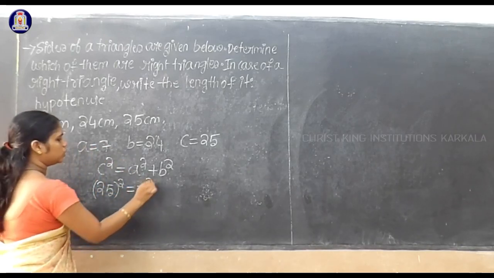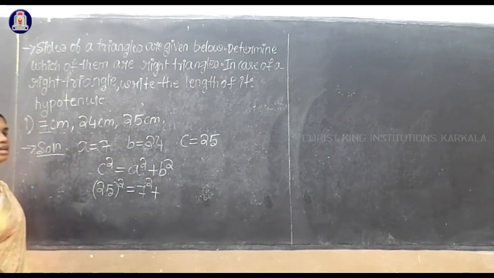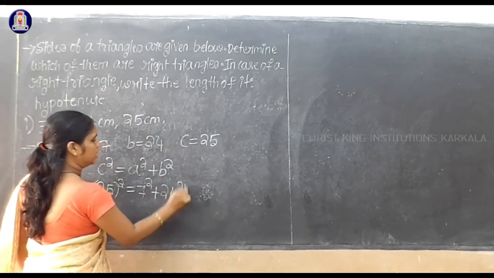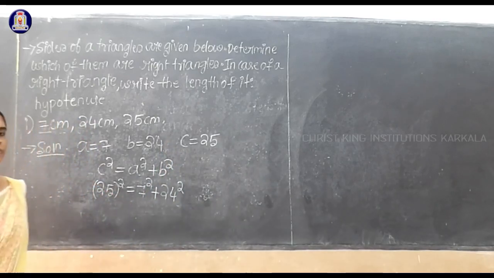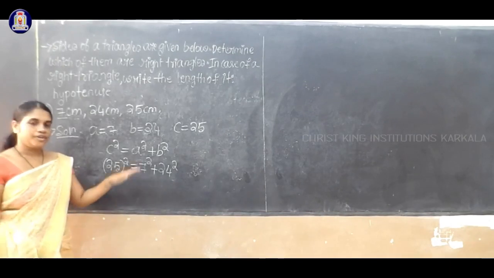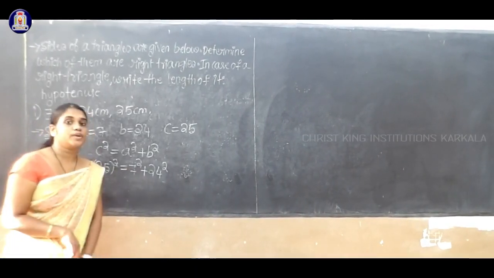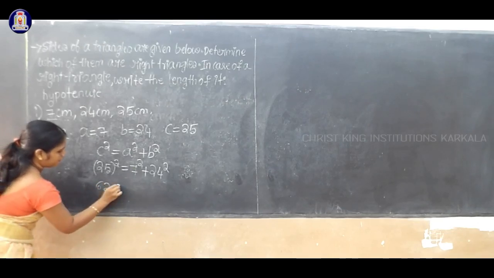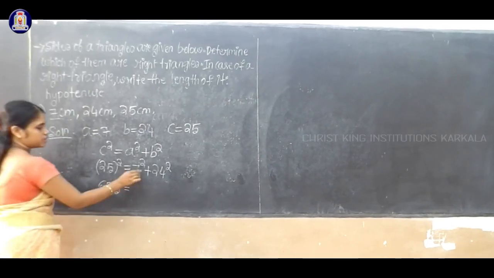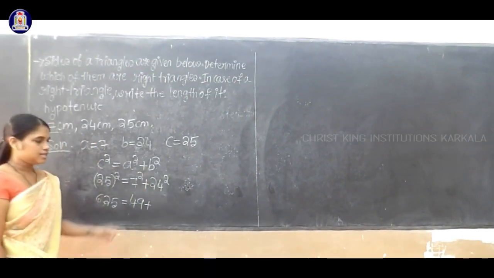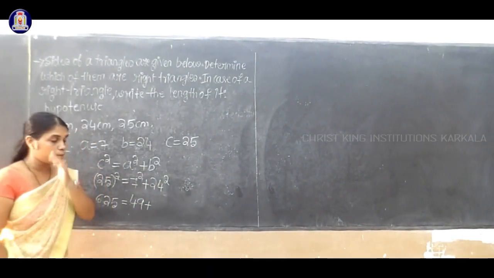A is equal to 7 square plus B is equal to 24, so 24 square. Now 25 square equal to how much? 625, equal to 7 square, which is 49, plus 24 square equal to how much?